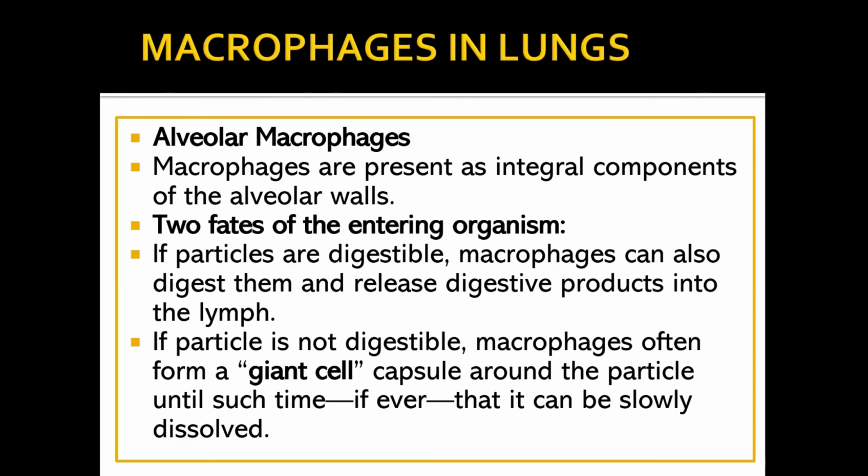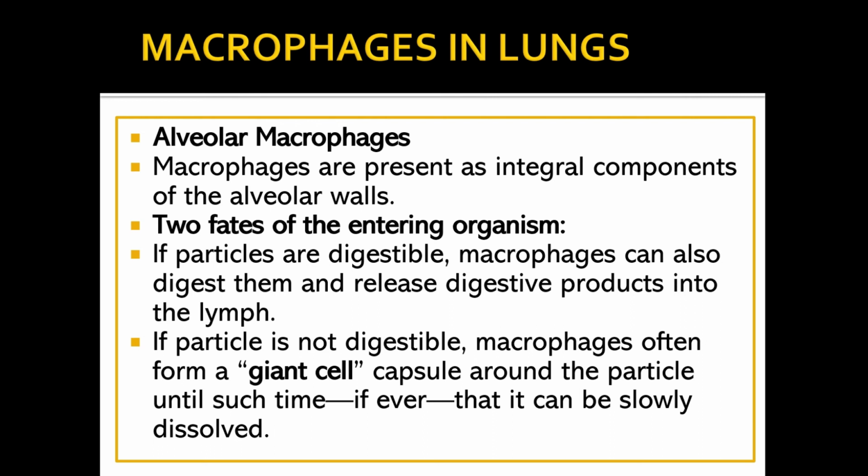And then we have the macrophage system in the lungs, the alveolar macrophages. These macrophages are present as an integral component of the alveolar walls. Now, the fate or destiny of the entering organism: if the foreign body or the bacteria are digestible, then what will happen?